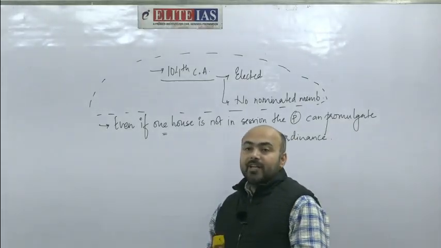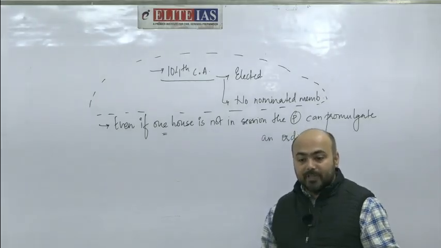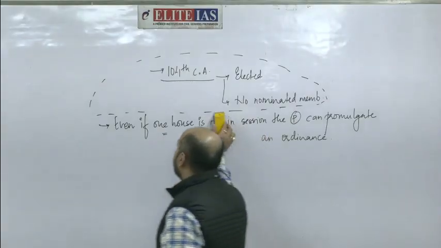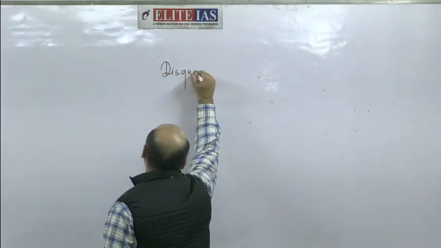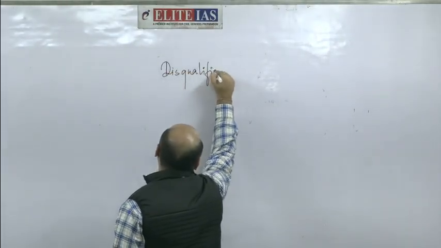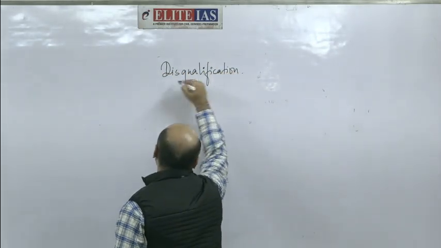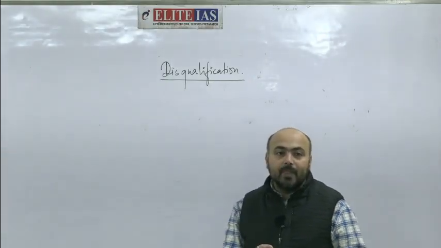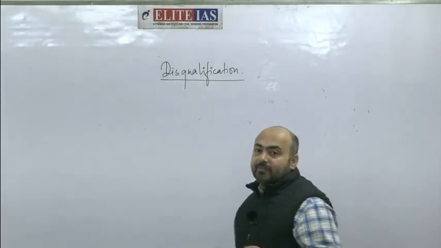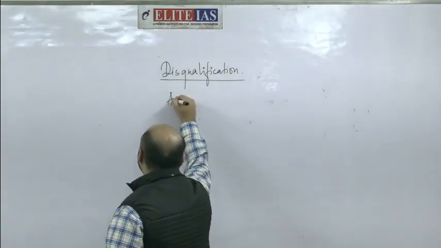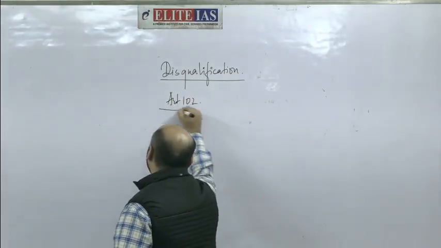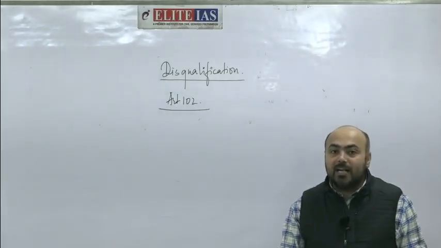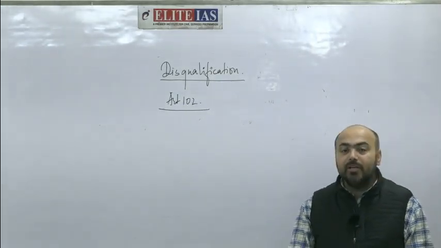In the last class, we were discussing the disqualification of members. The last provision that we were discussing was disqualification of members. What we have seen till now is that disqualification of members of the parliament has been mentioned under Article 102 of the Constitution.